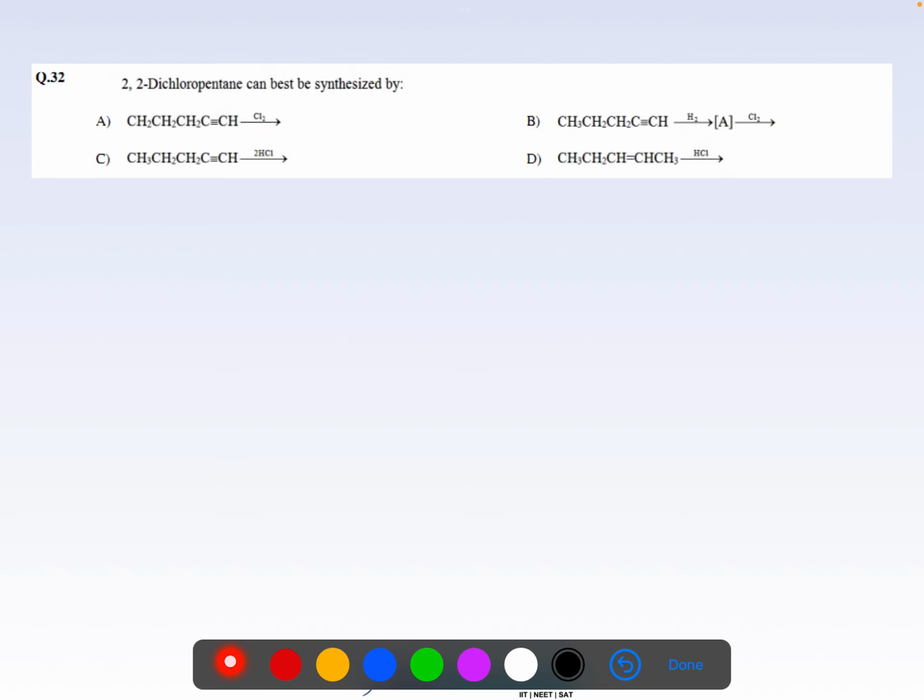The 2,2-dichloropentane can be best synthesized by, in option A, pent-1-yne, CH3, CH2, CH2, C triple bond CH, when treated with Cl2. So electrophilic addition takes place 2 times.